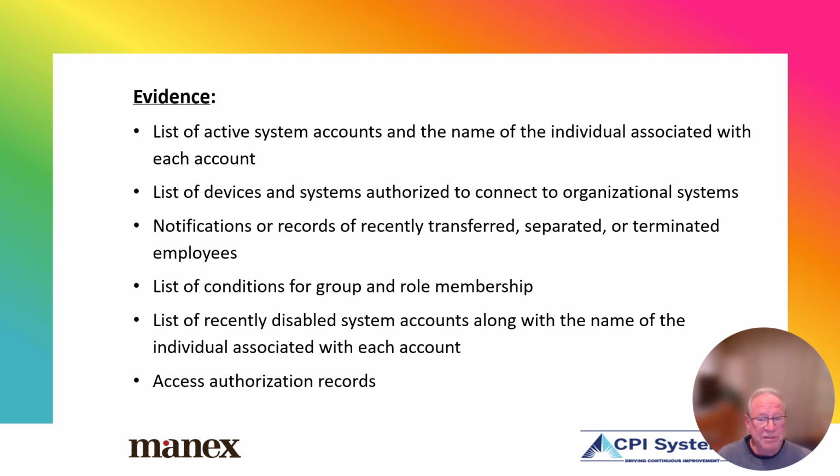Authorized devices and systems within the CUI enclave are listed, and it's a good practice to document out-of-scope inventory in the same way. Your onboarding and offboarding policies and procedures will produce records like access authorization records, notifications of recently transferred, separated, or terminated employees, and a list of conditions for group and role membership.